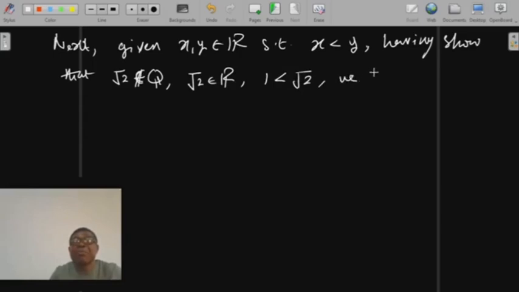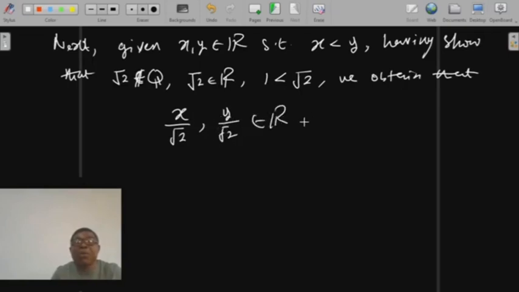So we obtain that x over root 2 and y over root 2 are real numbers so that x over root 2 is less than y over root 2, using this part.